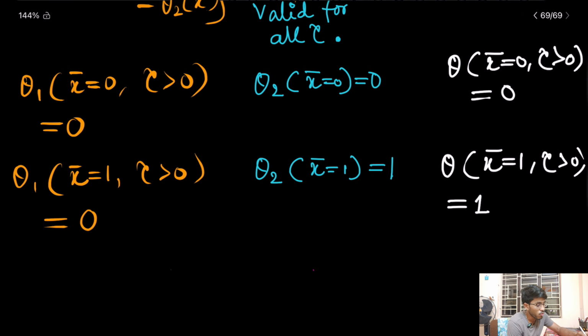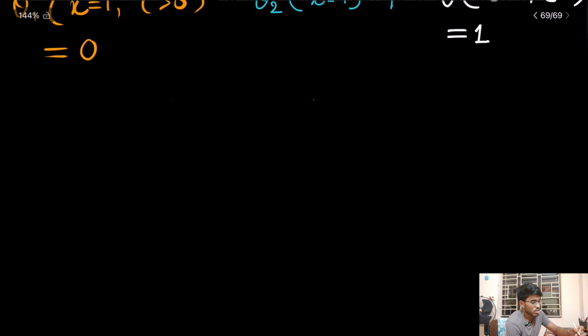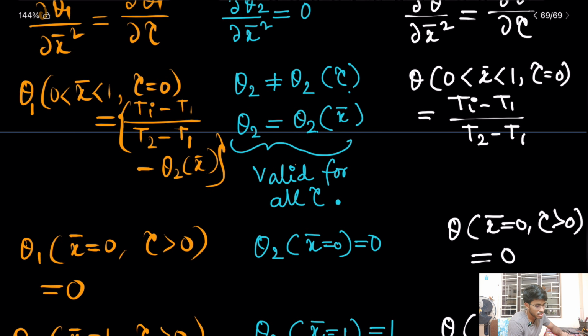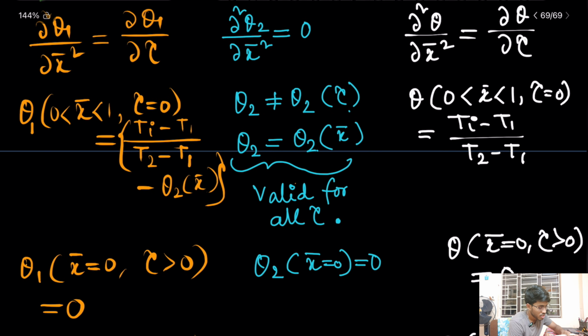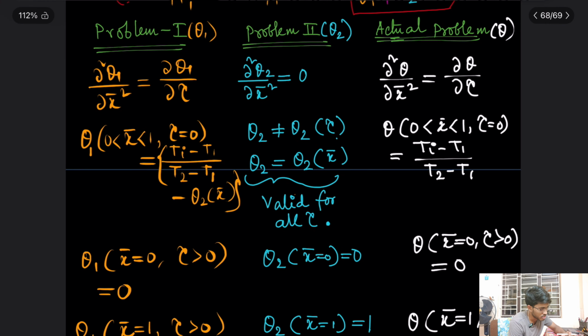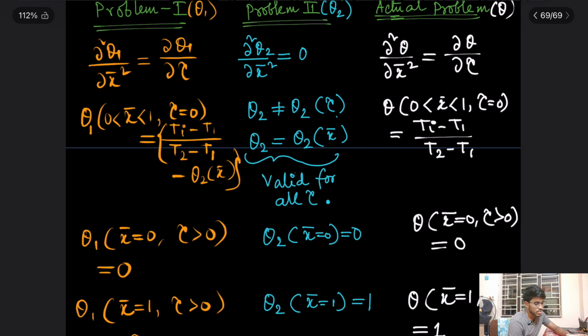Okay, so now let me go for the solution. Now it will not take so much time. So first let us solve problem 2. Can you see these three things in one screen? Just for a moment, let me minimize the screen and visualize problem 1, problem 2 and the actual problem.